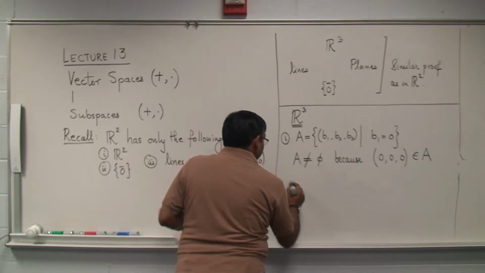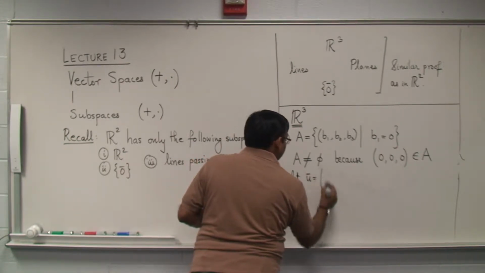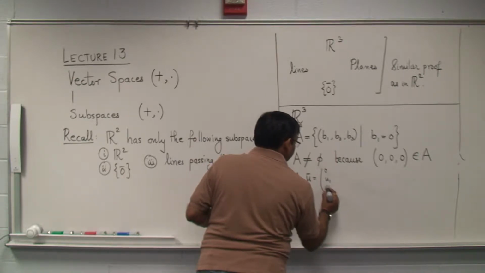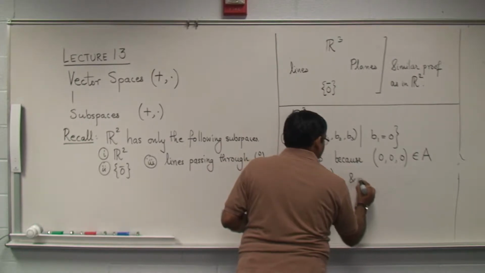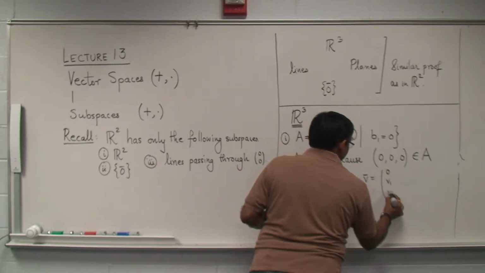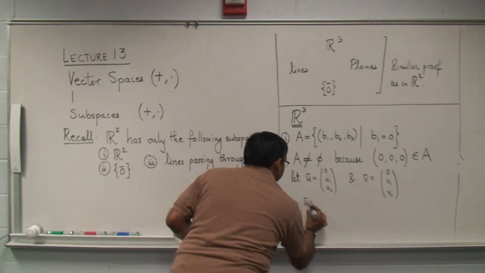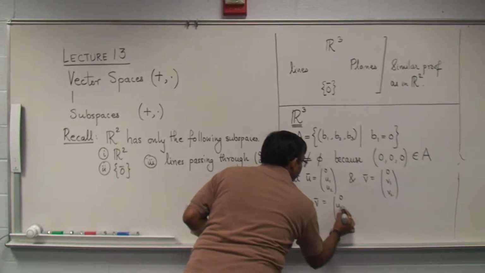So what we do is, we'll pick two vectors in A. Let us say one vector is (0, u1, u2), and my other vector is (0, v1, v2). If I look at their sum, it turns out to be (0, u1 plus v1, u2 plus v2).